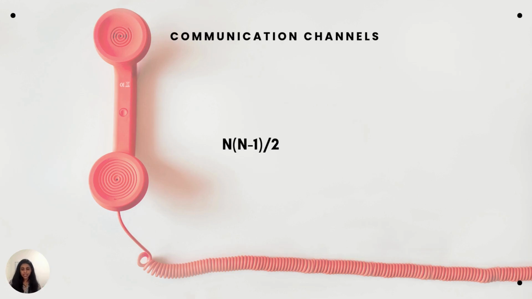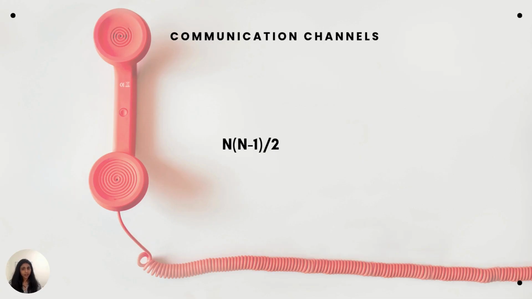The formula is n times (n minus 1) divided by 2, where n is the total number of stakeholders plus the project manager. For example, if you have 5 people, so n is equal to 5, you have 10 channels. If you add just one more person, you jump to 15 channels. Do the math. This is a huge increase.